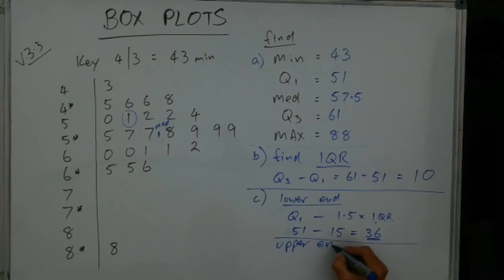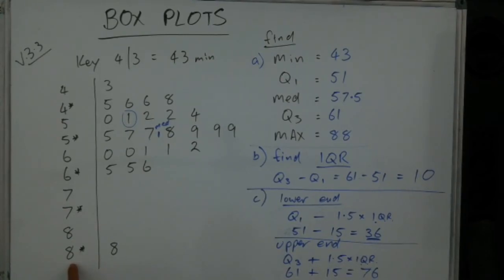At the upper end, we're hoping that this one is going to be extreme. So we've got Q3 plus 1.5 times the interquartile range, which is 61 plus 15, and that is 76.